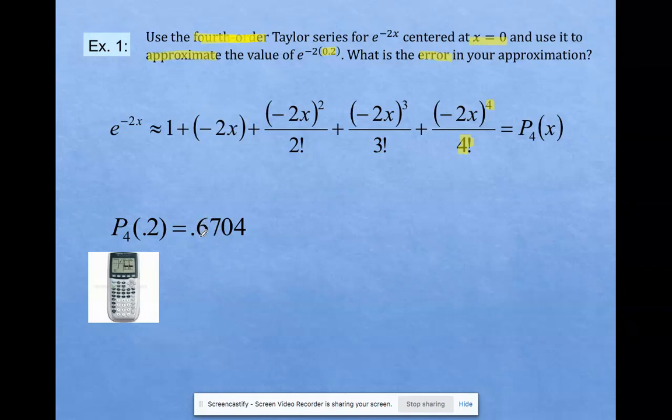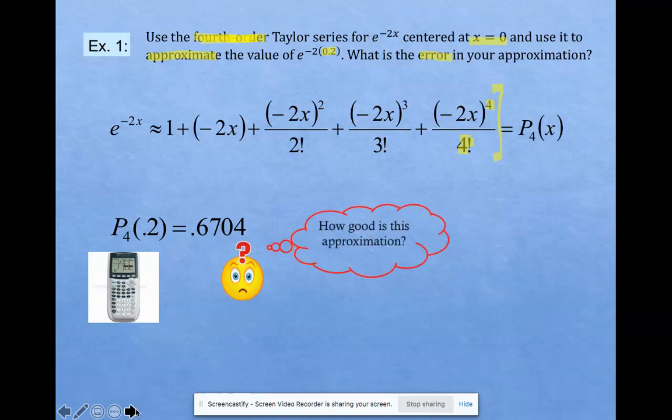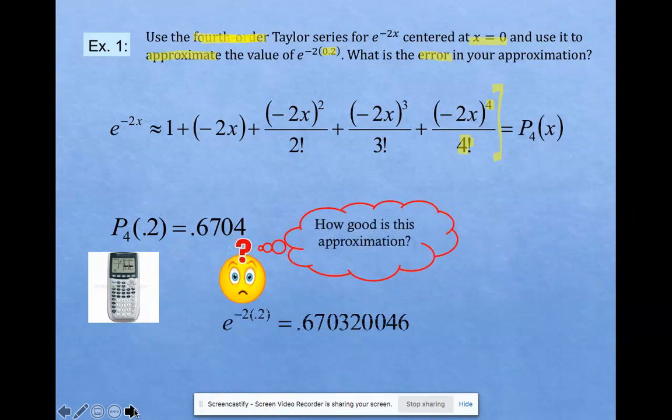How close is this truncated polynomial, not infinite, to e to the negative 2 times 0.2? Well, I have a calculator, so I can figure that out.